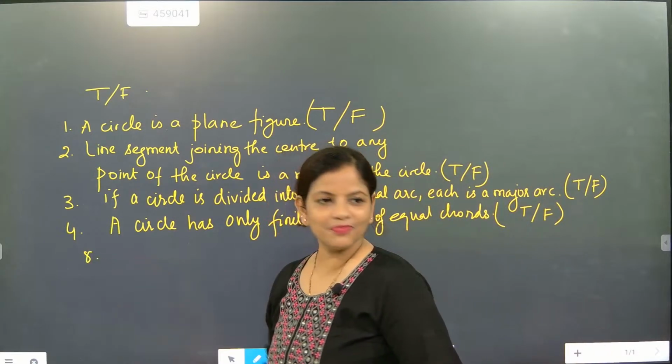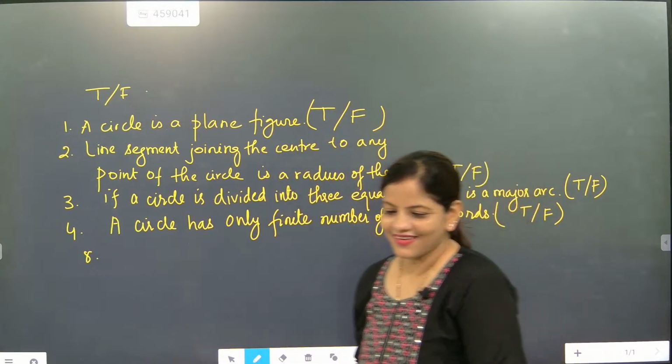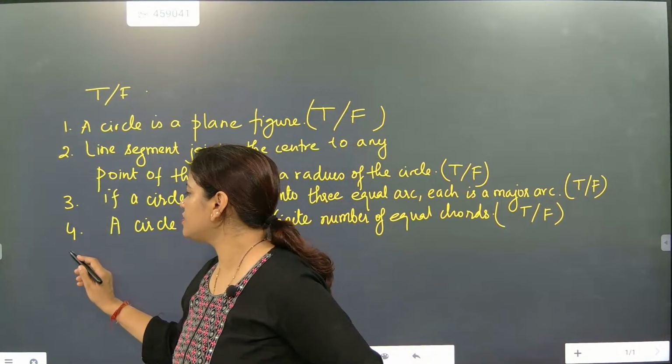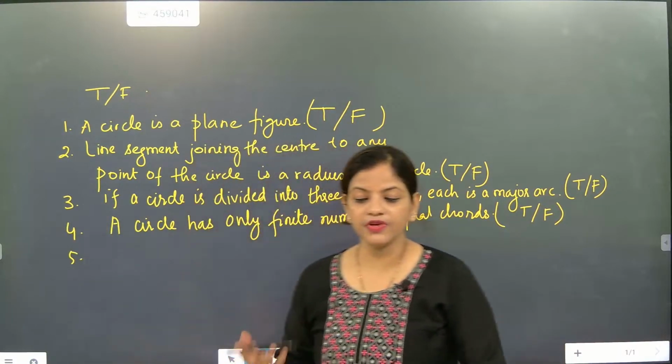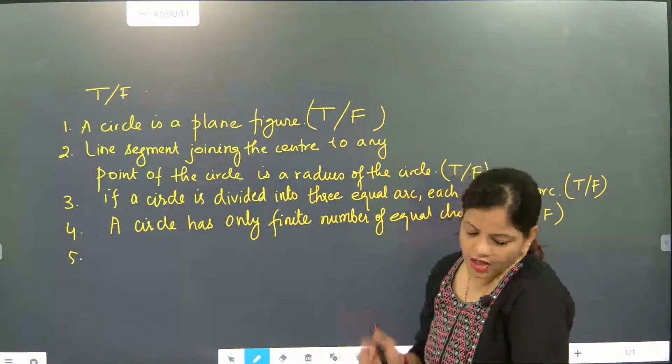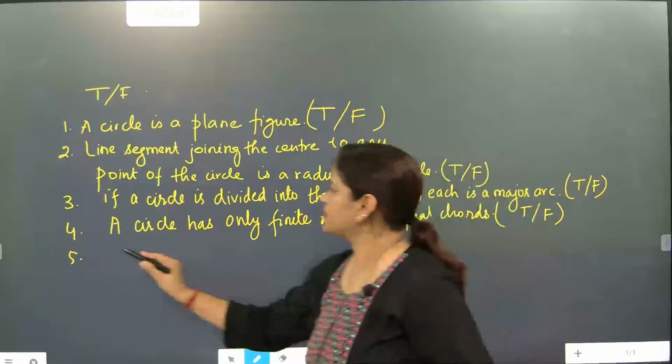See, all the questions are puzzling now. Finite means you can count it. Infinite means beta, we can't count it. That's the difference.